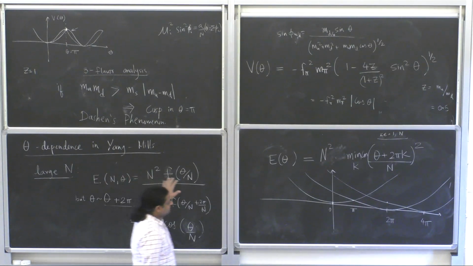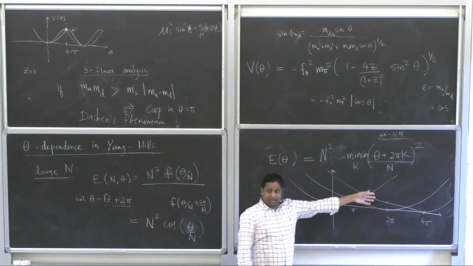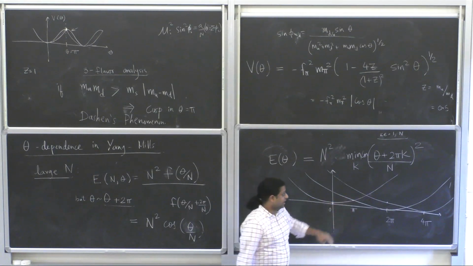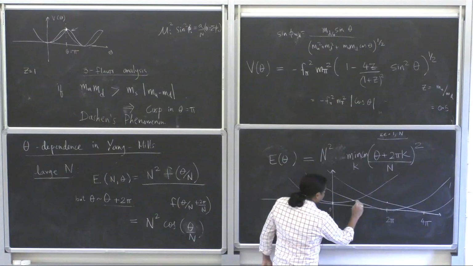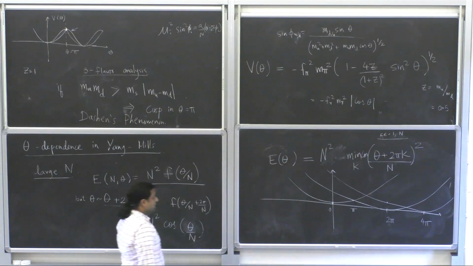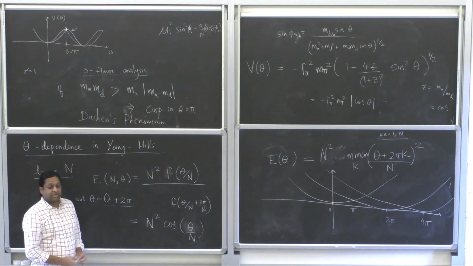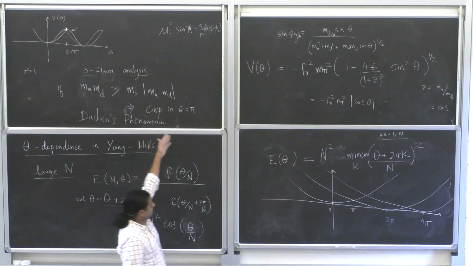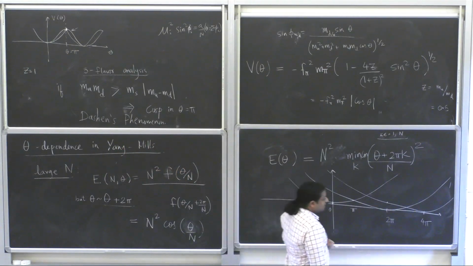The large N arguments themselves tell us something interesting about the theory, which is that there should be branch crossing at theta equals pi. Similar to Dashen's phenomenon that we saw explicitly in the case of a certain parameter range in the chiral Lagrangian.